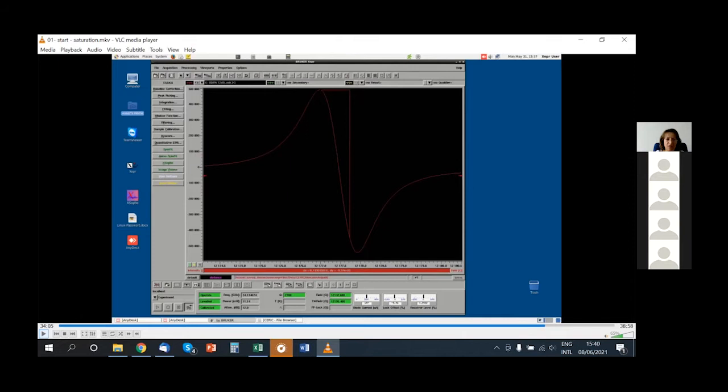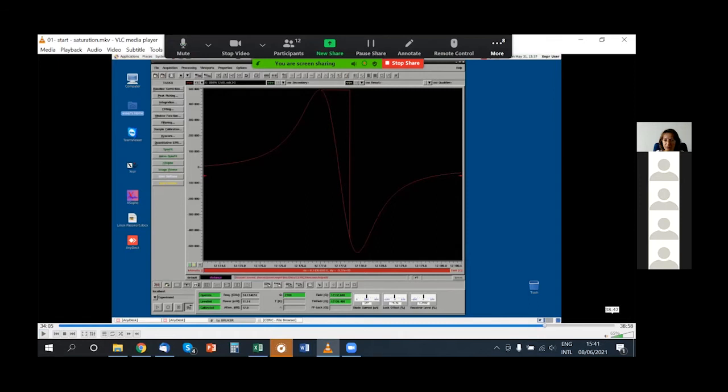So until we have a linear dependence between the amplitude and the square root of power, and the line width is not increasing by increasing the power, we are in a safe regime. And I will go further here, and we pass to another experiment.